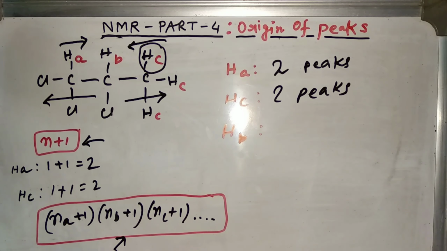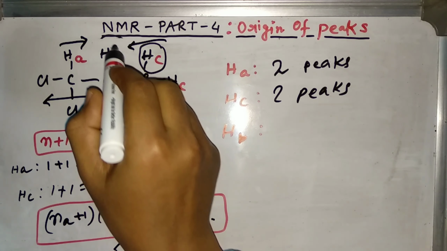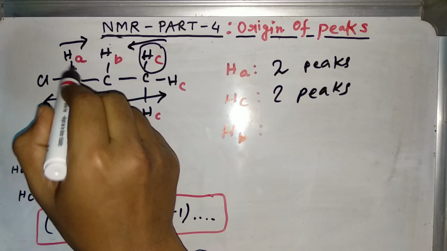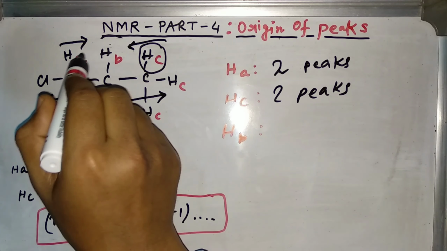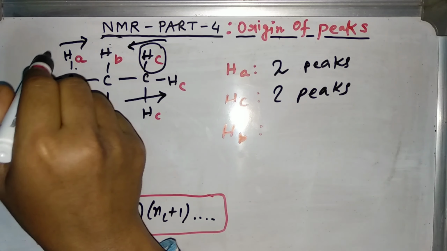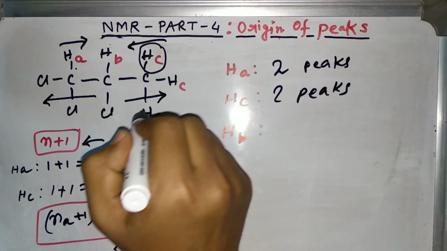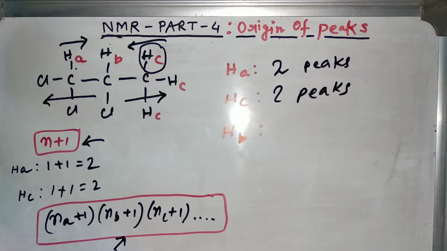Okay, so first here HB, say consider this is Na, 1 adjacent proton in this direction, and 3 different protons in this direction. So we just need Na plus 1 and Nb plus 1. We just need only this part, not this part.